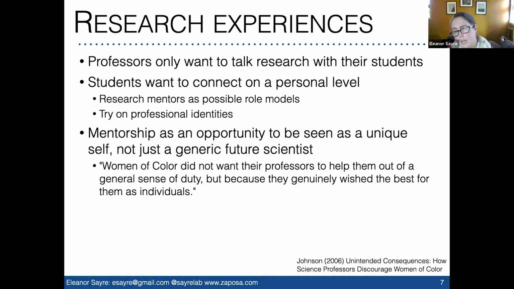The data here are particularly women of color, and they don't want their professors to help them out of a generalized sense of duty, like I need to make things better in general. They want their research mentors to help them because the research mentors genuinely wish the best for their mentees as humans and as individuals. In conclusion, don't be a research robot.